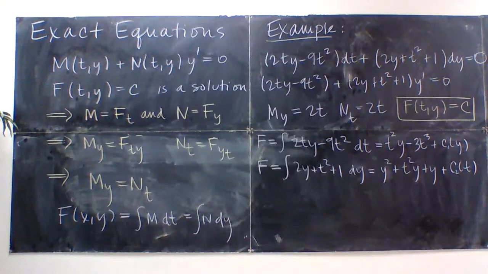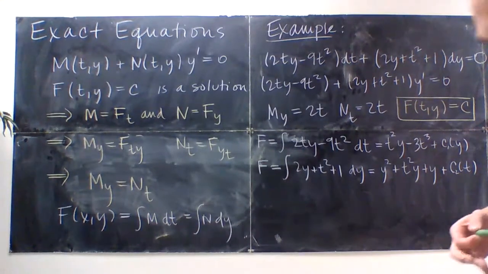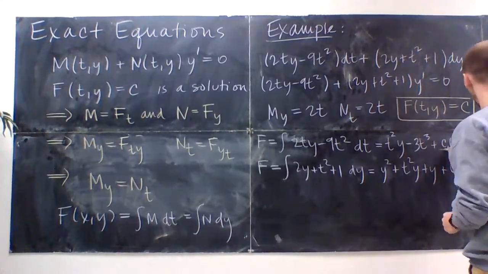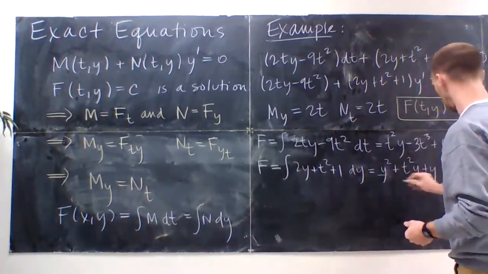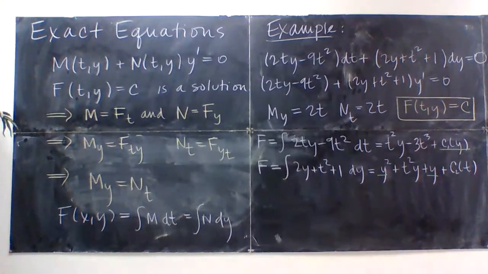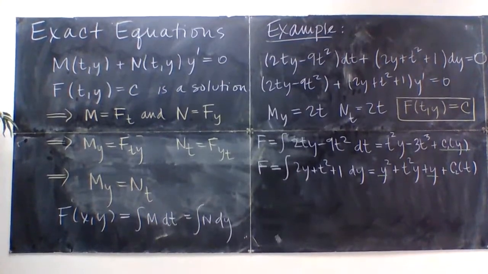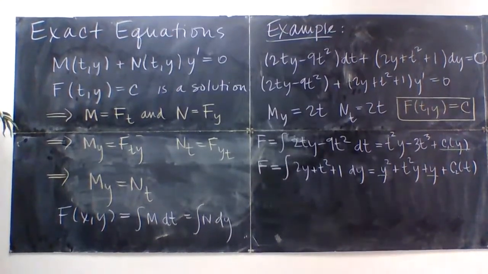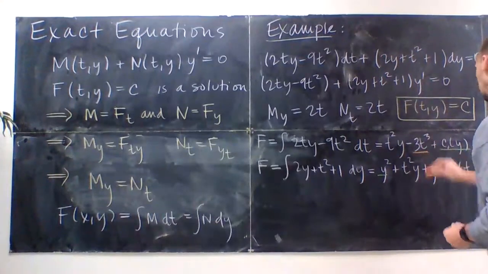Let me grab some color. So for my constant function of y, I can find it down here: it's y squared plus y. And for my constant function of t, it's up there, negative 3t cubed.